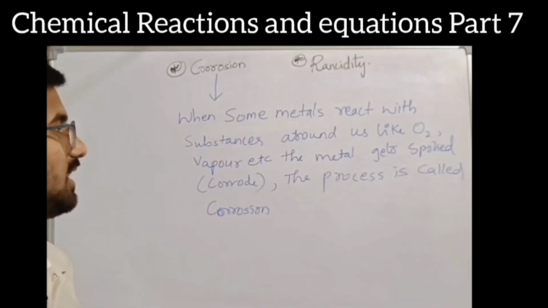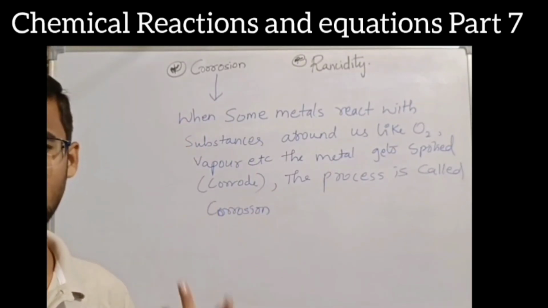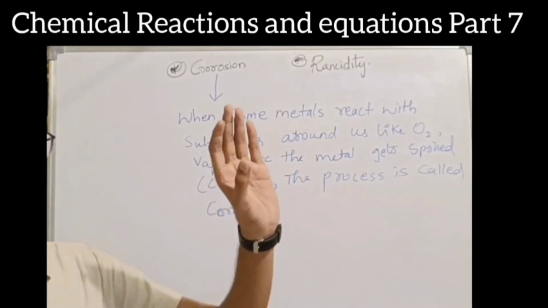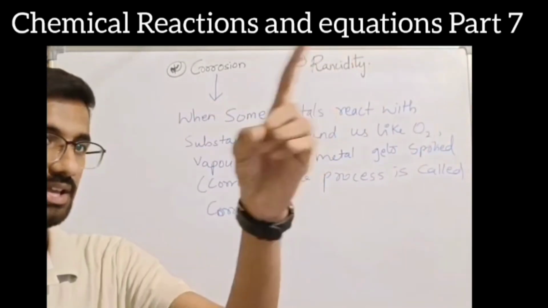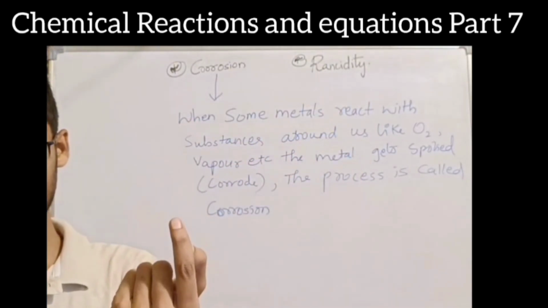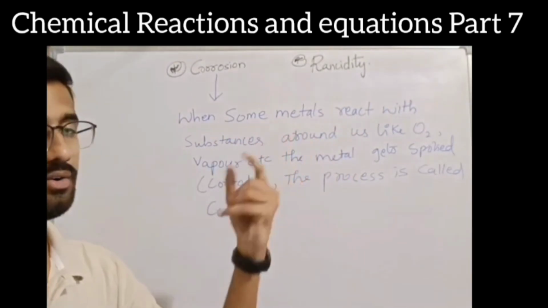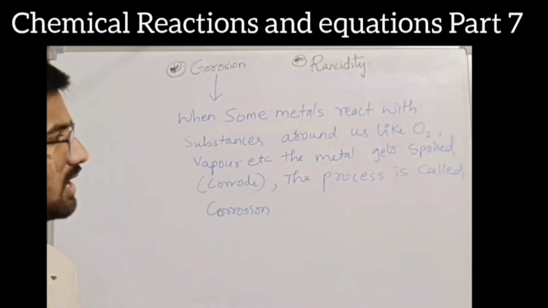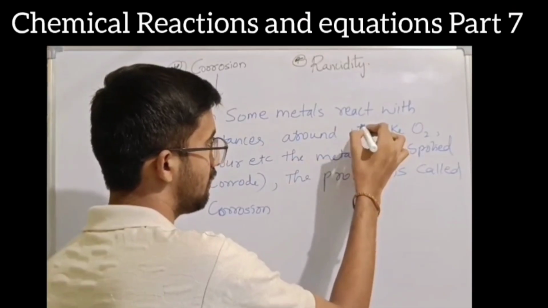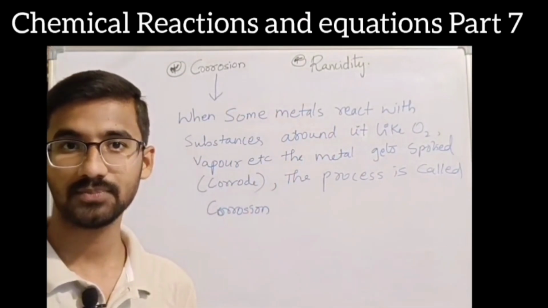Okay, let us understand this. Any metal, iron, silver, whatever it may be, when reacting with outside oxygen in the environment, or the surroundings. Where are the metals?